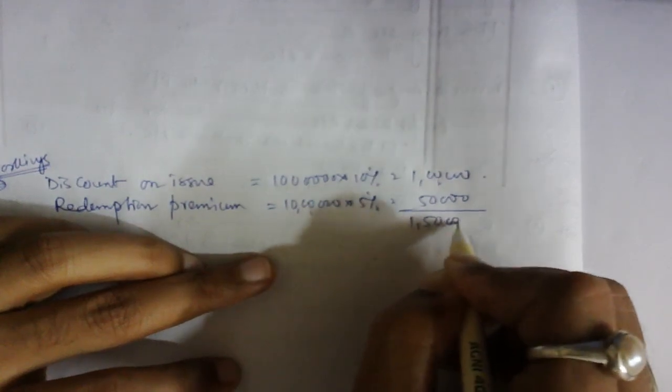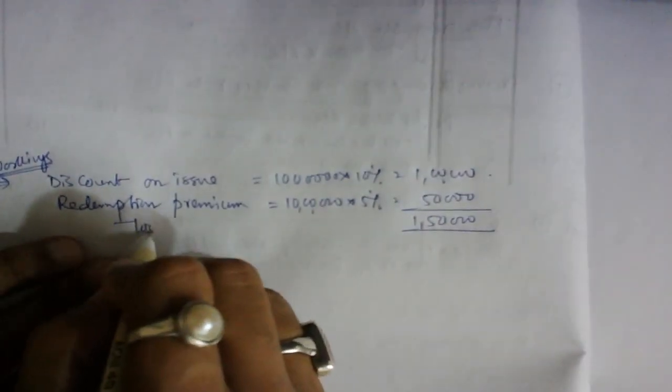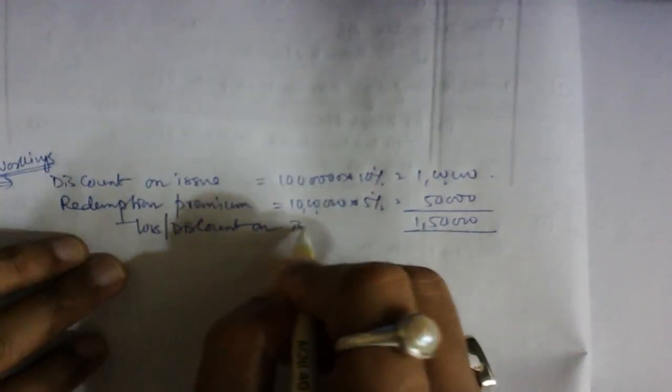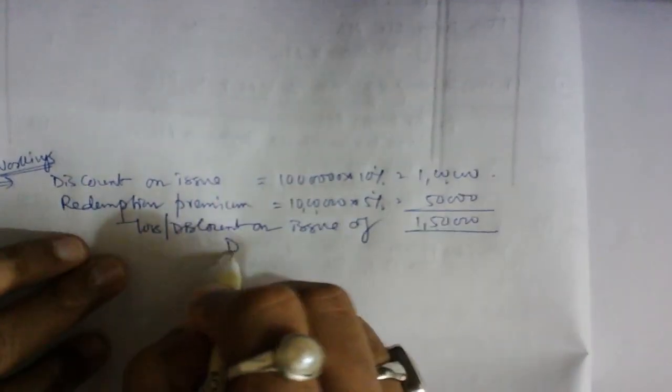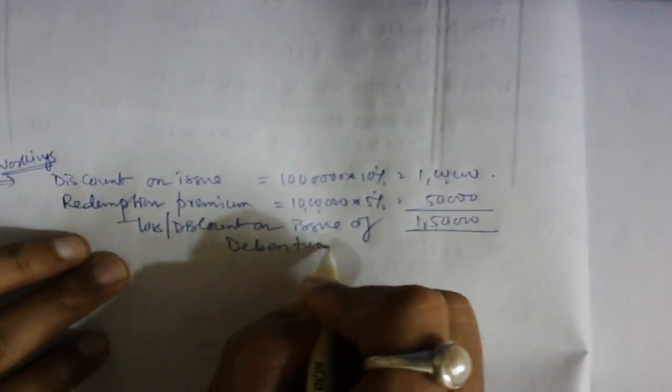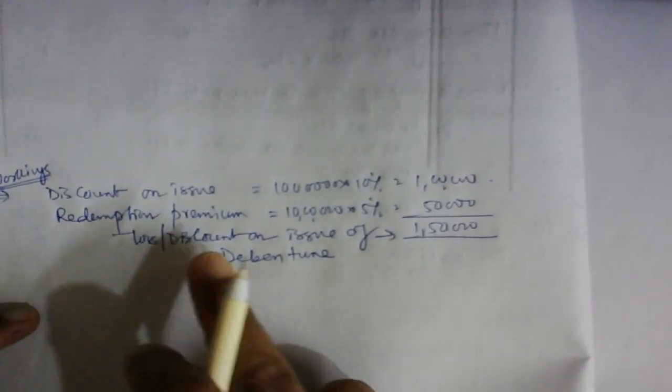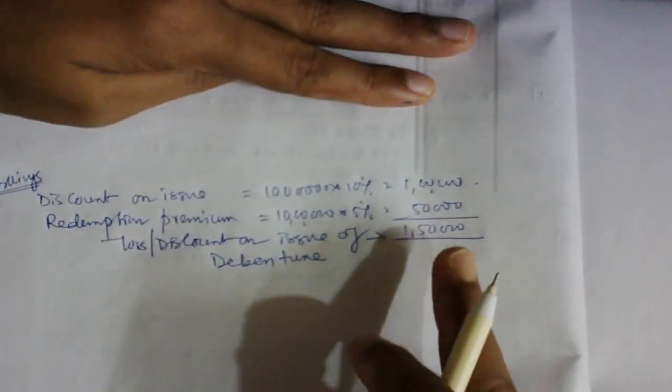So 1,50,000 is the total loss or discount on issue of debenture. Correct? This is the total amount of loss or discount on issue of debenture, that is 1,50,000 rupees.